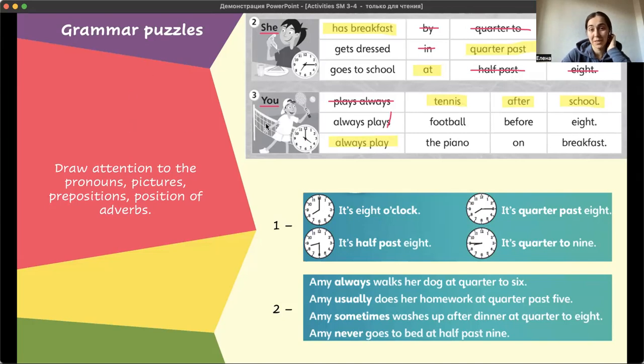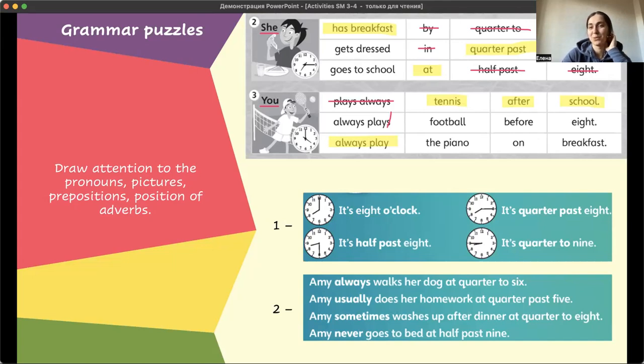With the next one, it is more difficult because here we have 4 o'clock, but there isn't this variant. So sometimes they can say, you always play tennis before 8. Well, I think it's also correct. 4 is before 8, why not?